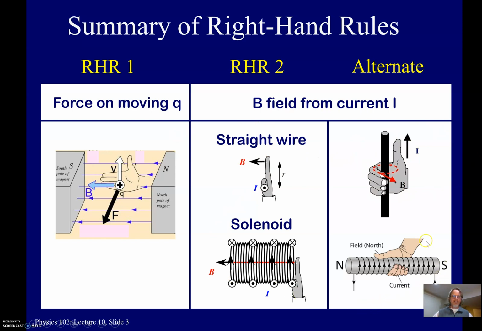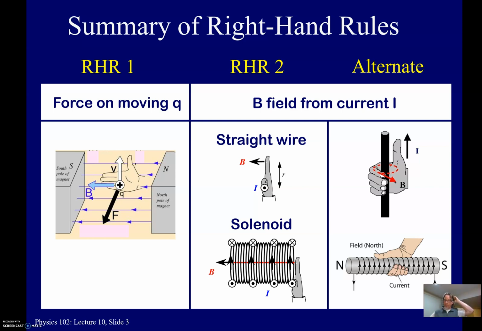This one down here is right-hand rule number 3, which is helpful to find north poles when you're dealing with coils of wire. Specifically, your hand wraps in the direction of the current, and then your thumb points to the North Pole.